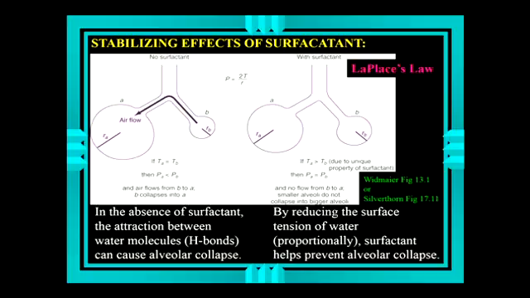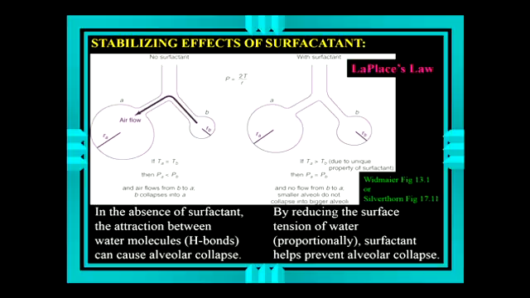So, which one's going to have the biggest pressure? Well, Laplace's law says that the pressure equals the surface tension divided by the radius, and if the surface tension of both alveoli were the same in this example, the pressure inside the larger alveolus would be smaller because it has a bigger radius.